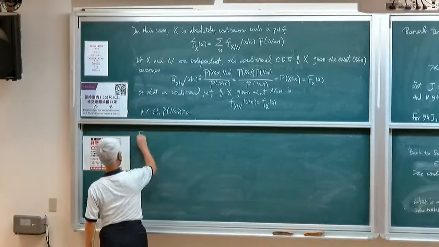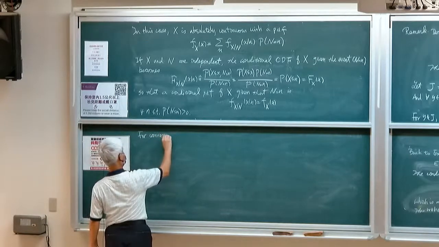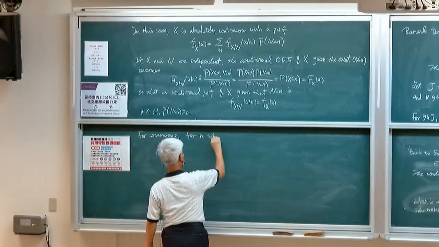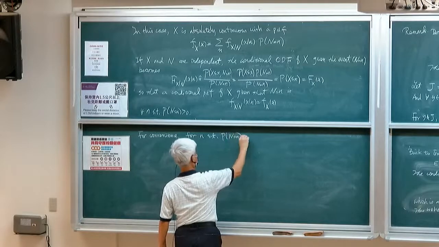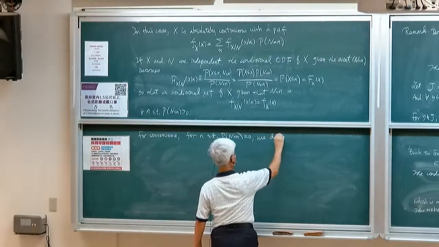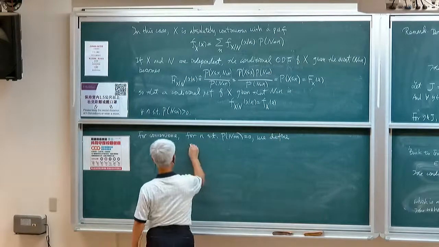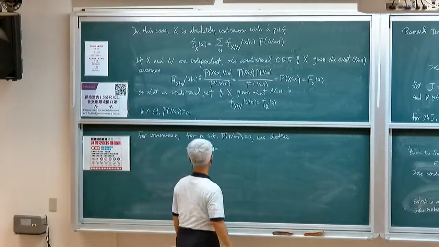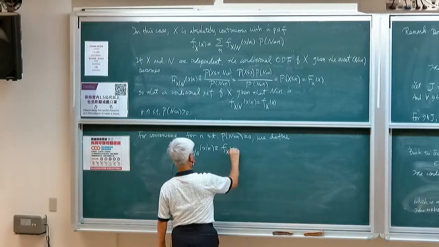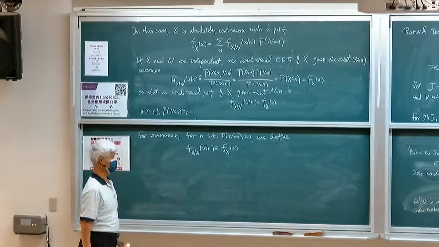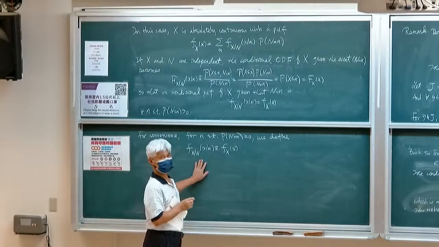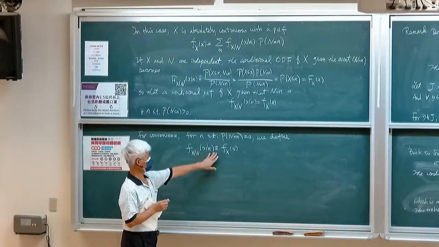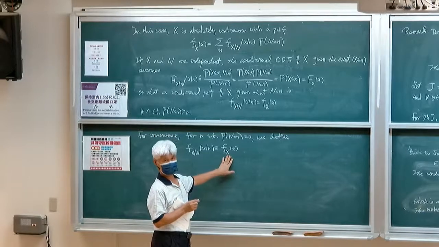And as we know, for convenience, for n such that the probability is 0, we define the conditional PDF of random variable x given that capital N equal to n to be the unconditional PDF of x.